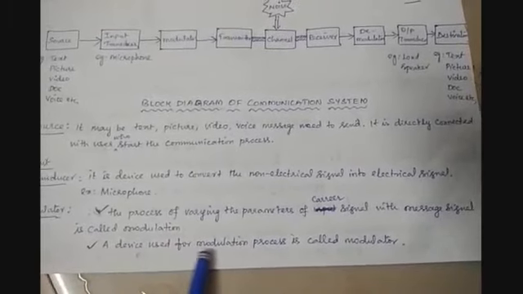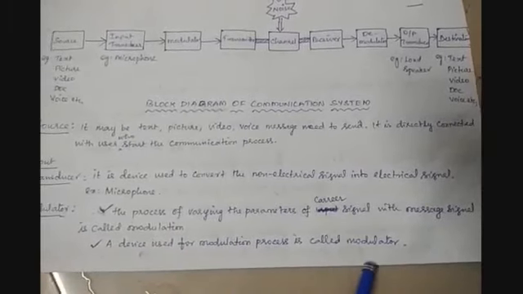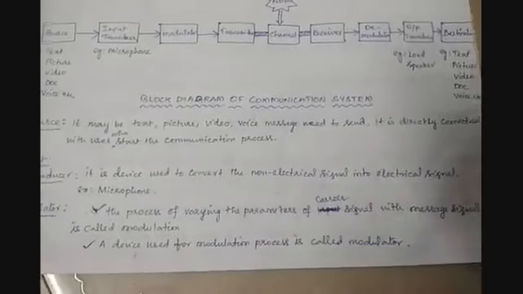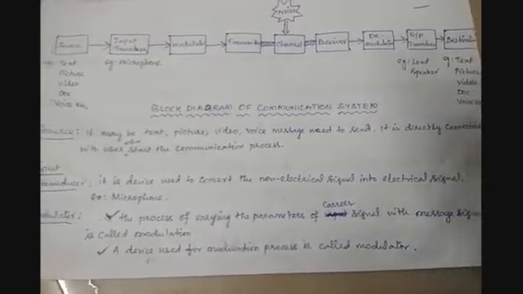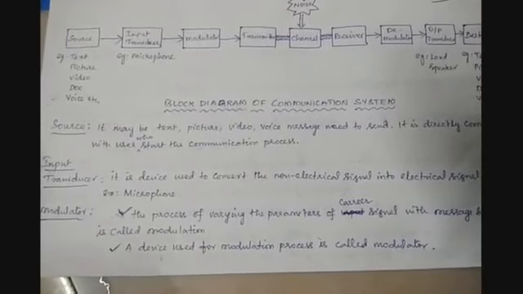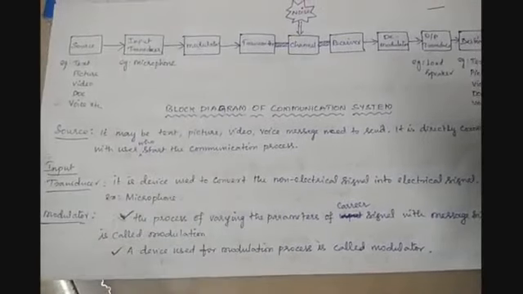A device used for the modulation process is called a modulator. Modulating, as we understand from the name itself, means varying the parameters.